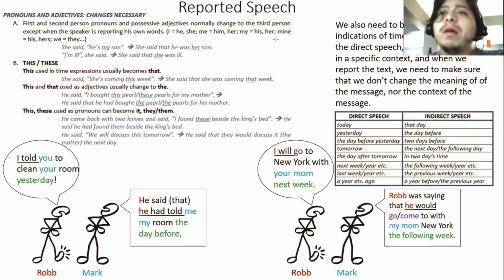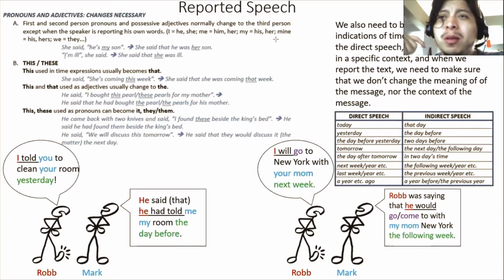But whatever they say, you need to pay attention to the tense that they are using. If they are using the simple present, you shift to the past and you report it in the past. If they say something in the past, you shift and report it in the past perfect, and so on. Okay, we had a little chart with all the tenses and how to change them, going back and back.